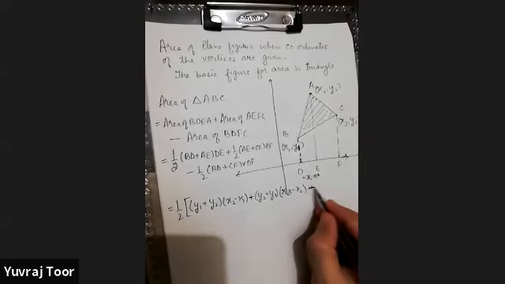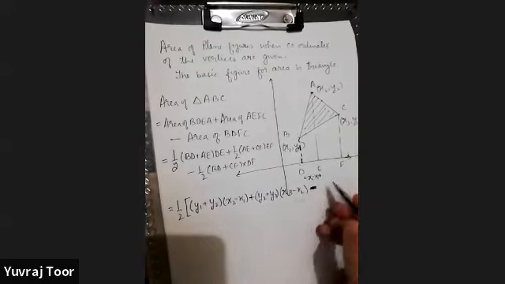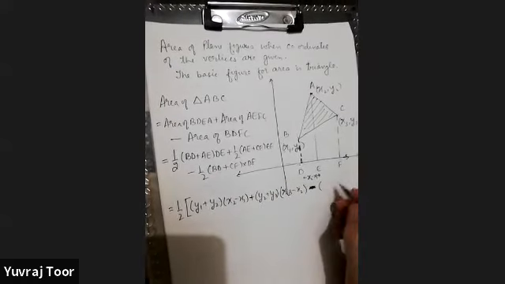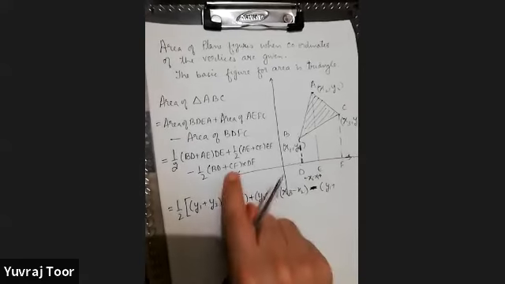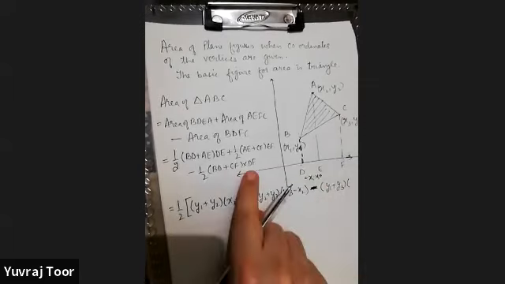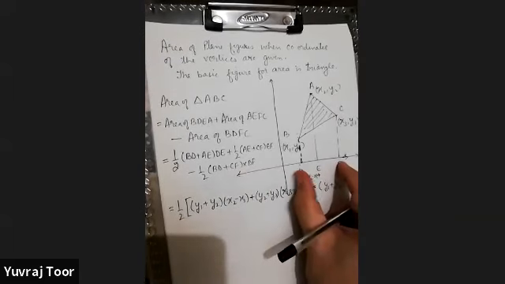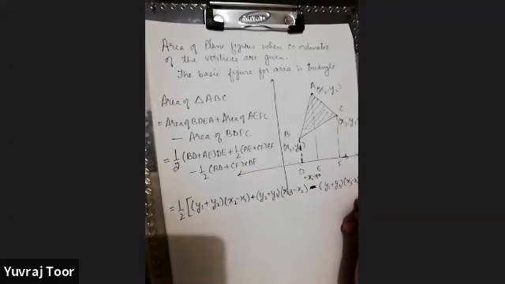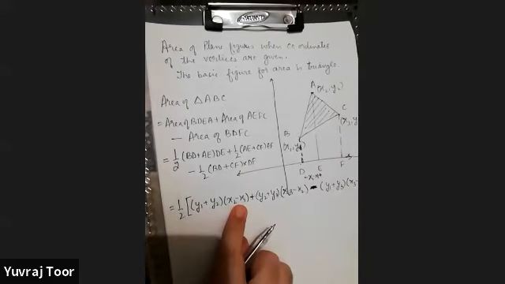Then subtract BD. BD is y1 and CF is y3. And we are multiplying with DF. DF is what? x3 minus x1. Now it is a binomial multiplication with binomial.